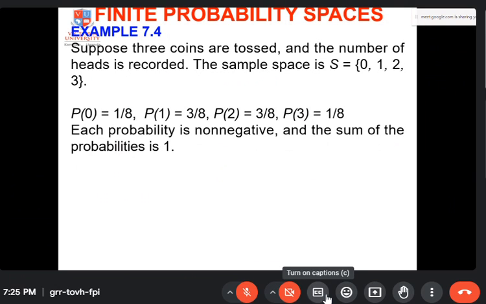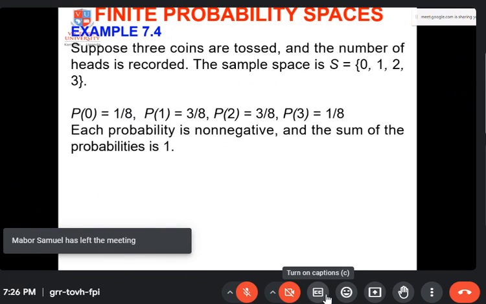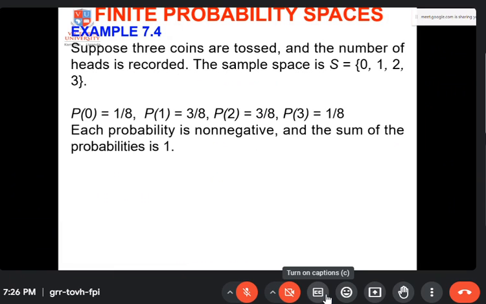I don't know if that is obvious, because of all of the 8 points in the sample space, it is only tail, tail, tail where we don't have a head, where we have 0 heads. So where you have 0 heads, there is only 1 point. So the probability of getting a 0 is 1/8. Are you getting me?